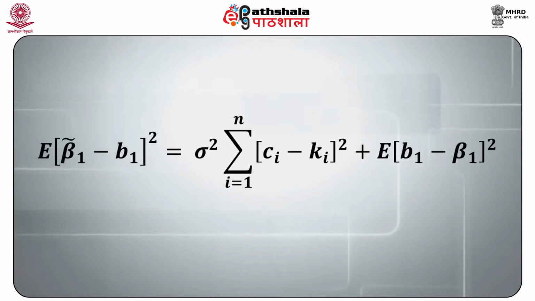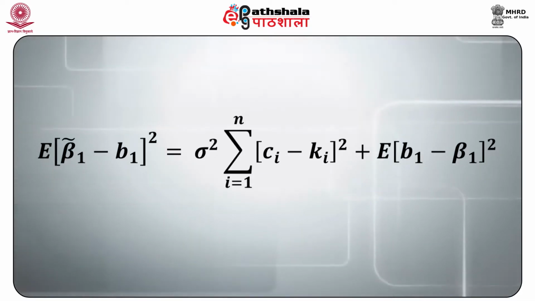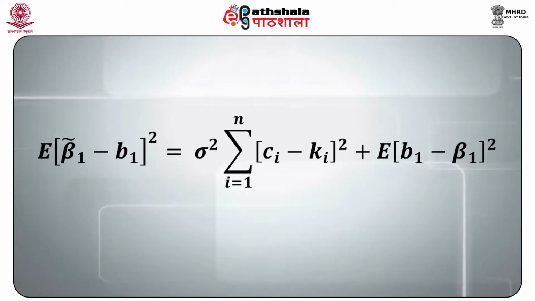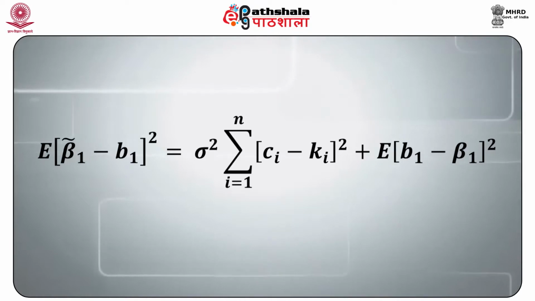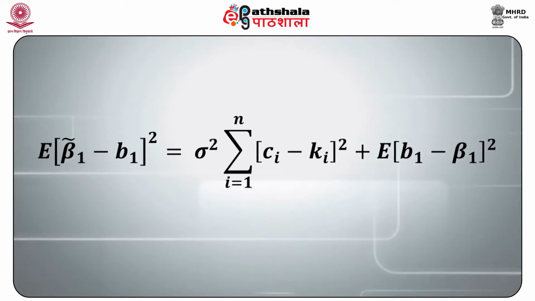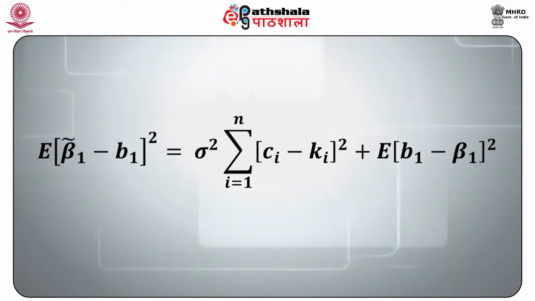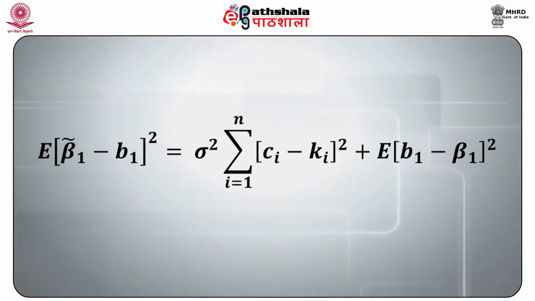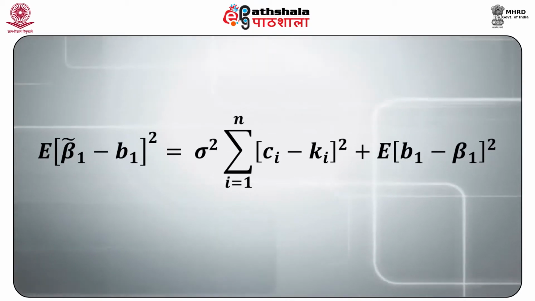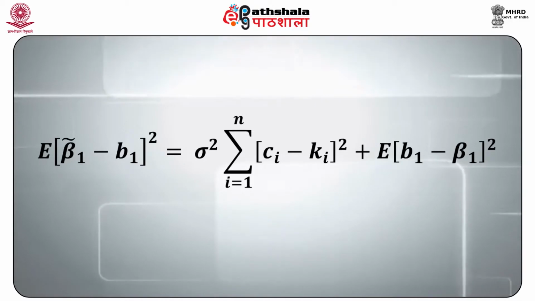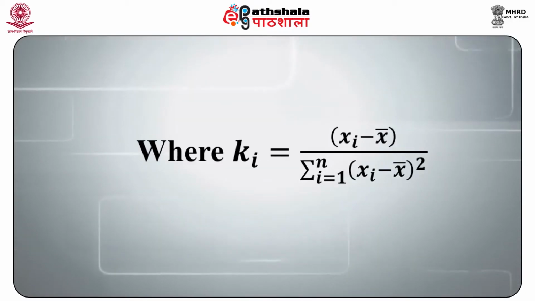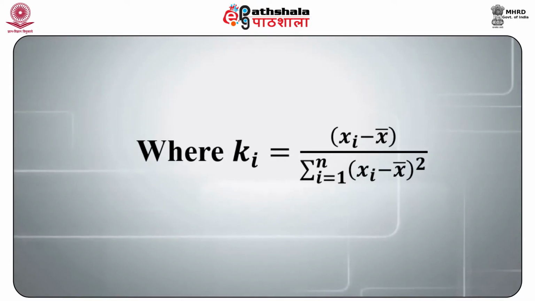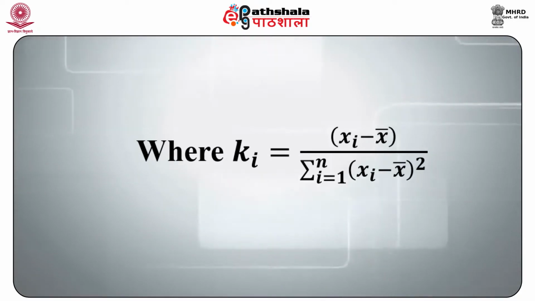From this therefore we obtain expected value of beta 1 tilde minus b1 whole square is equal to sigma square into sigma Ci minus Ki square plus expected value of b1 minus beta 1 square, where Ki is equal to xi minus x bar upon sigma xi minus x bar square.